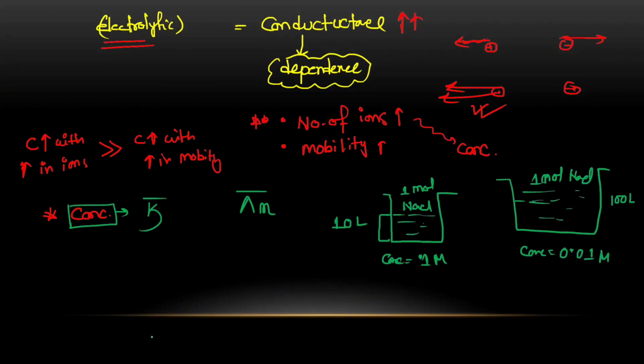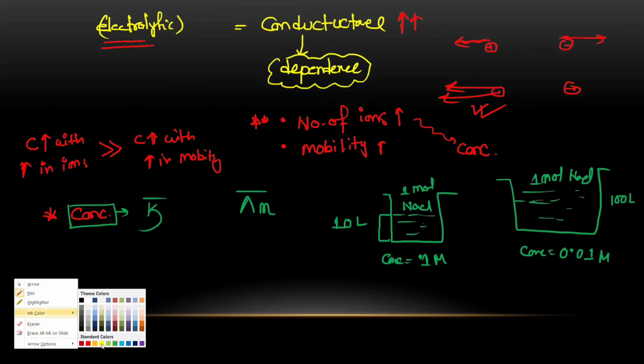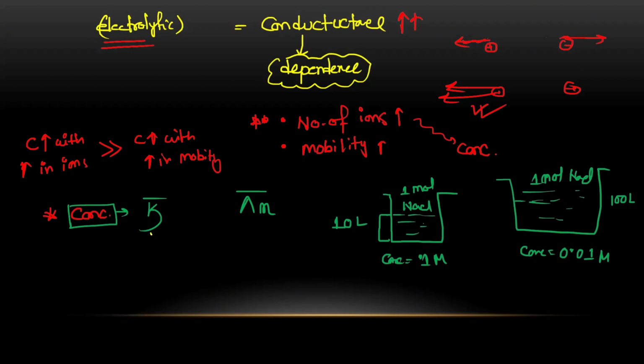Now, what is the definition of kappa? Kappa is nothing but the conductance of 1 ml solution. In this total system, suppose this box is 1 ml. Suppose this box is 1 ml. We know this solution is much more dilute, but this solution is concentrated. Don't you think in this volume there will be more number of ions than in this box? Because it is a dilute solution, ions are far apart.